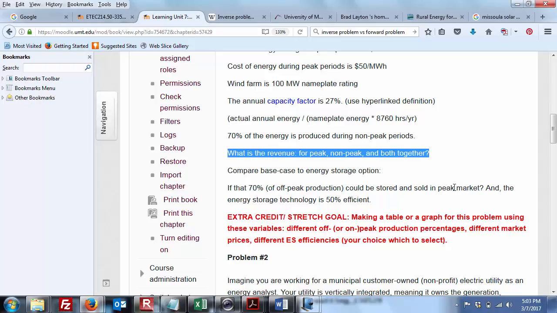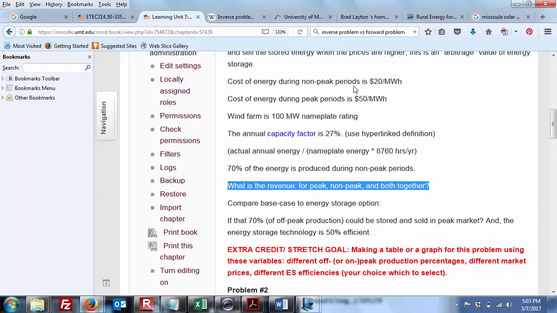So just take that 70% that's produced during off-peak, store it, knowing that you're going to lose 50%. That was kind of part of the problem, with the belt and the motor and the fan and everything. You're going to have some system losses, and you're going to lose about half of it.